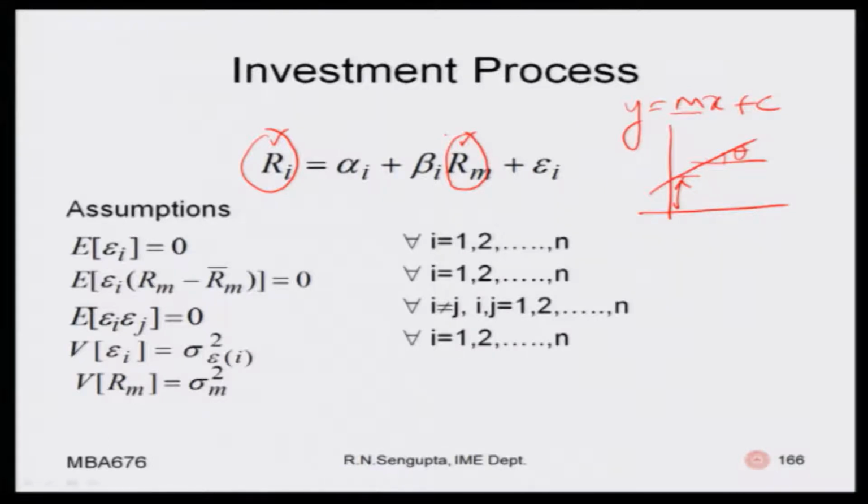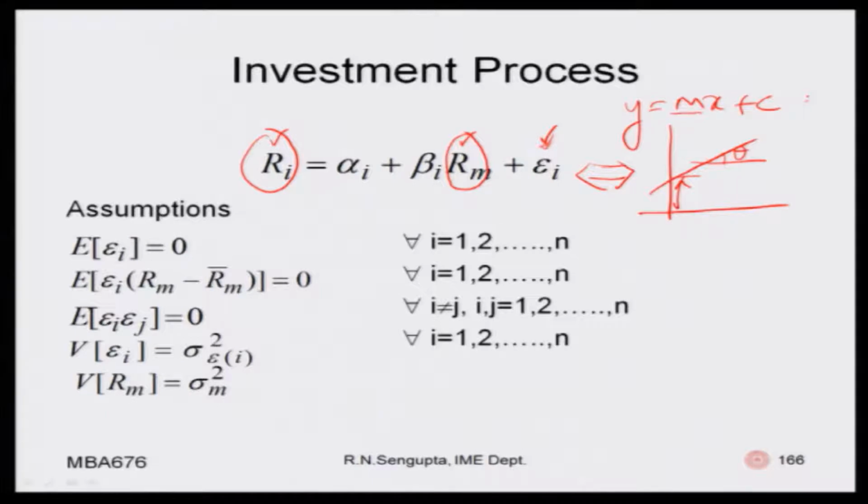Now, if you find this equation along with the graph which you had drawn for y is equal to mx plus c, then alpha is akin to c, beta is akin to the slope, and this epsilon which you see here in the single index model, which does not appear in the simple equation y is equal to mx plus c, basically means white noise.